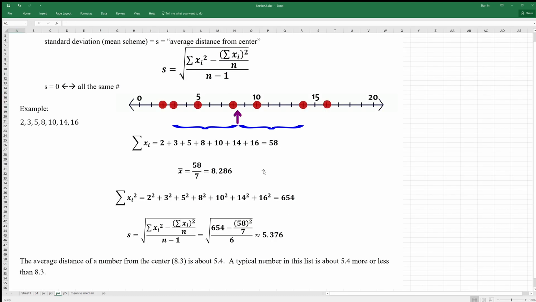So when all is said and done, will I buy that these marbles balance at 8 something? Yeah, I'll buy that. And will I buy that the average distance of a marble from the purple arrow is 5 something, 5.3 something? Yes, I will buy that. There is stuff further away, and there is stuff closer.